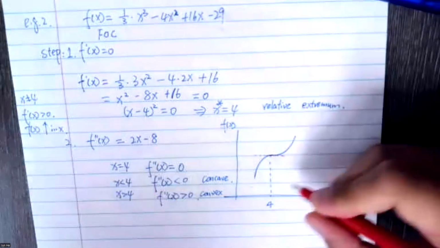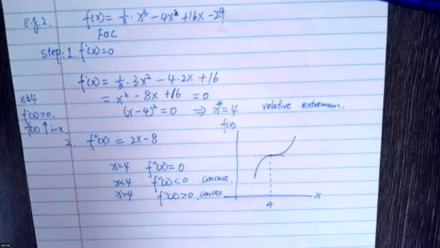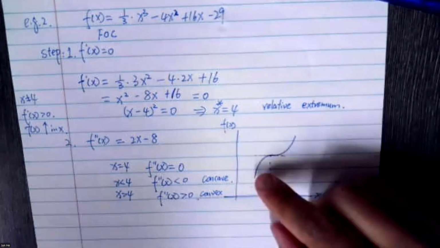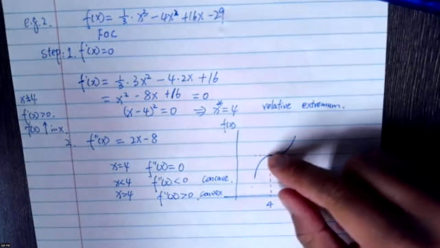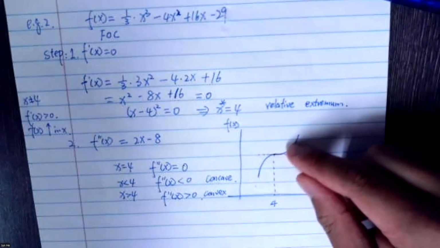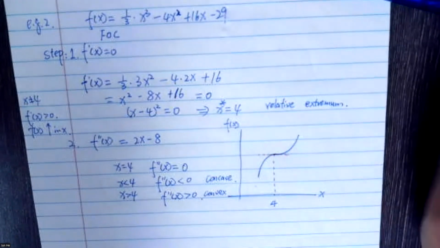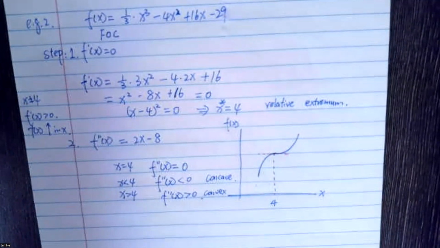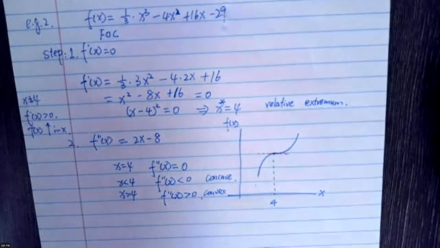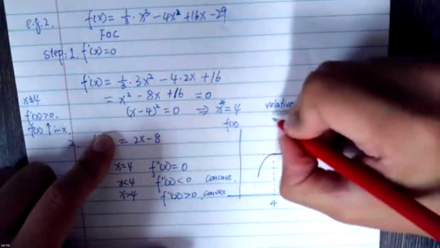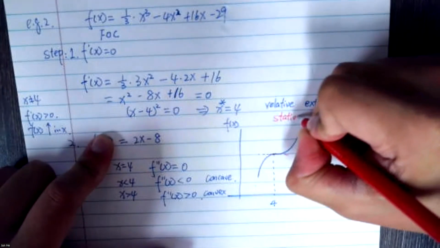The tangent line is just flat at x equal to 4. But when x is greater than 4, you start to increase at a growing velocity again, right? So here, x equal to 4 is only a stationary point.